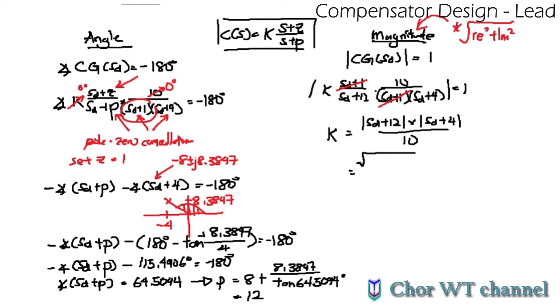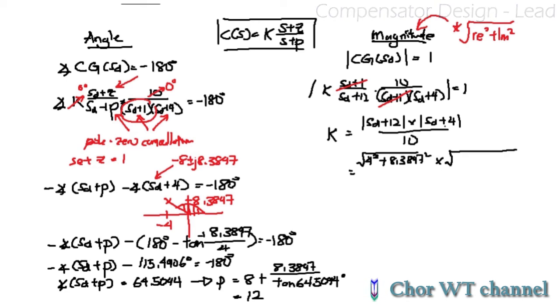So the magnitude of it will be the square root of 4 squared plus 8.3897 squared, and we need to multiply with the magnitude of SD plus 4, which after you substitute in the SD, will also give us 4, or -4 squared, but eventually it will result in the same thing, 8.3897 squared, and divided by 10. So finally we will have this.